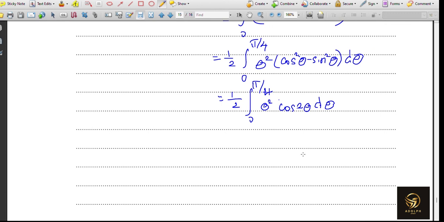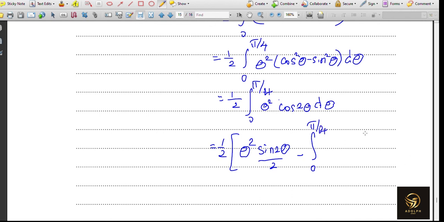Now I have to integrate by parts. So 1 by 2 into, I can take theta squared as the u value and cos 2 theta is dv. If I integrate it, I will be getting sin 2 theta divided by 2, minus, with limits 0 to pi by 4.